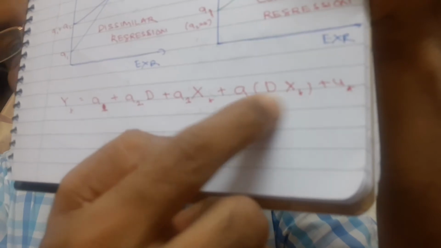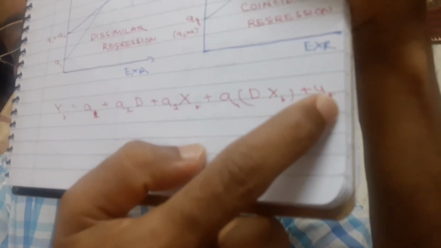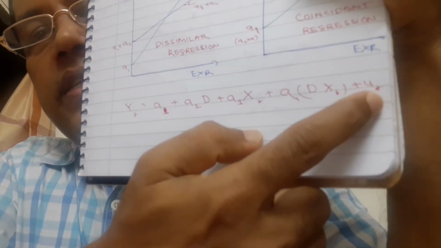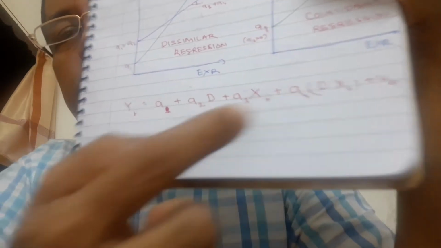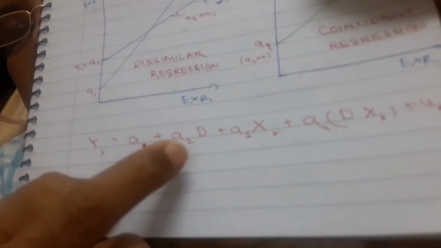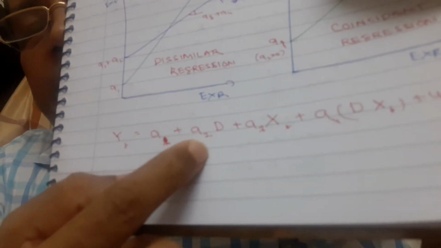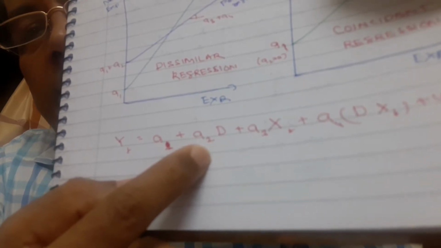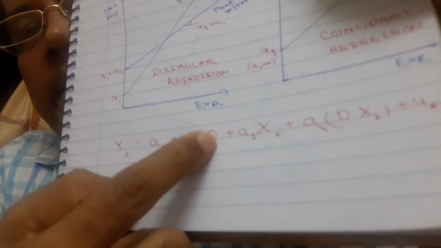Okay, here Dx is appearing as an interactive term, and the stochastic disturbance term ut appearing at the last. So here, if a2 is statistically significant, then what does this imply, and how to define D? D is basically 1 for all the years during the post-reform period. So in India, the post-reform period say starts from 90 to 93.